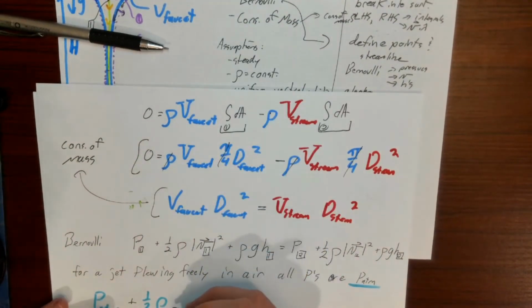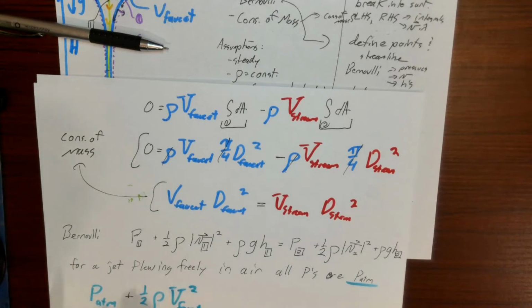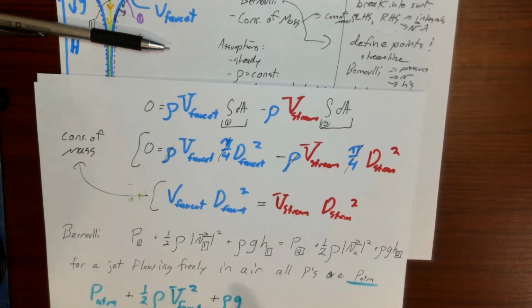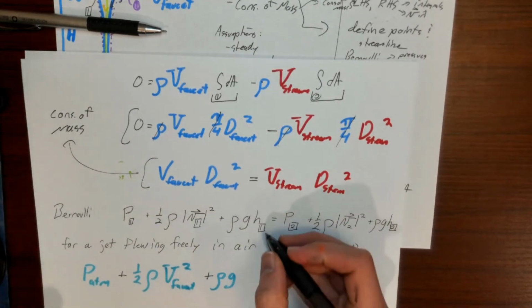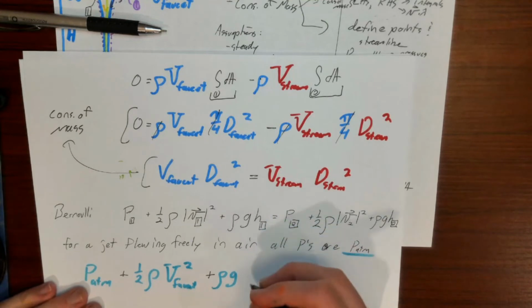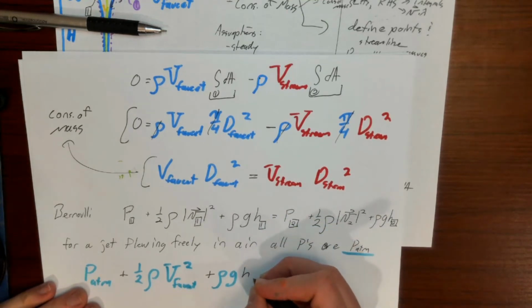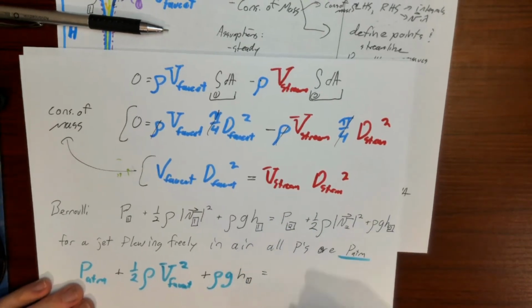So the magnitude of this velocity squared is just V faucet squared. Rho is a known constant, of course, as is g. And I'm just going to leave h1 as something yet to be determined for the time being.